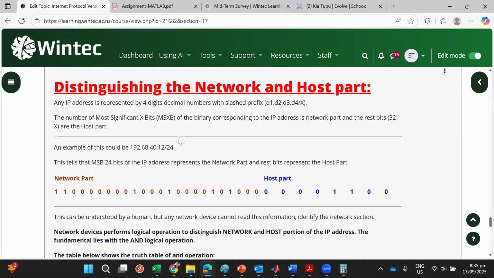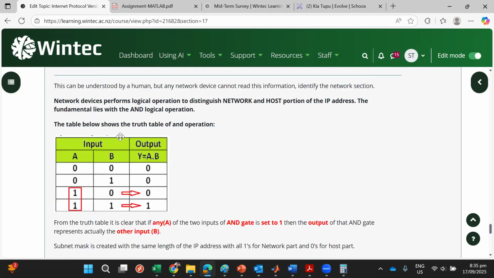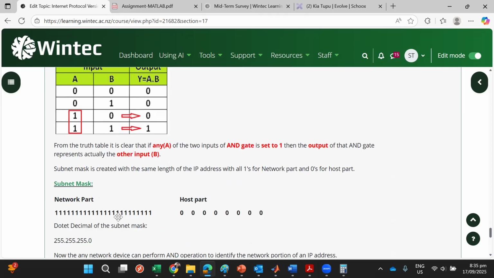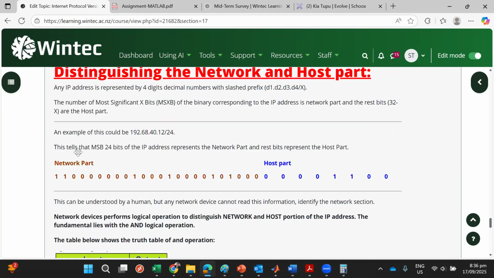Here I have the IP address configuration of 24 bits, where the most significant bits are my network address. So for these 24 bits I have put all ones, and the host part I set to 0. This is called the subnet mask. The subnet mask is very important, because it is used by network devices to identify the network part of the address.